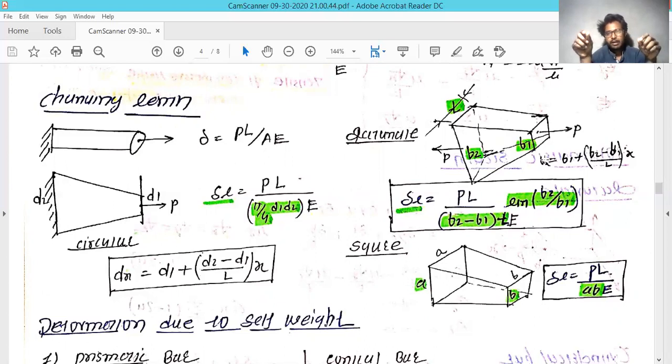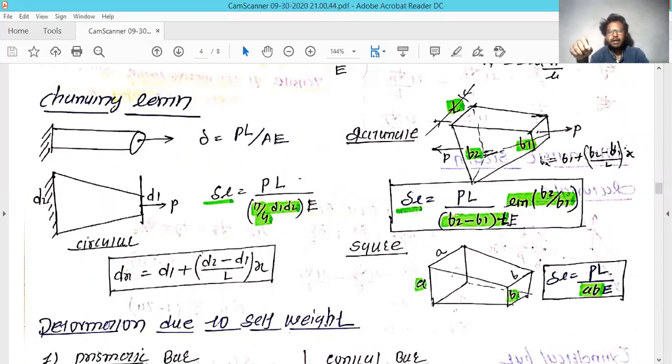You know the formula for the modulus of elasticity, which is stress divided by strain. If you move the strain to the other side and divide, the formula will become stress divided by modulus of elasticity. And the stress is nothing but the force per unit perpendicular area on which the pressure is going to apply.